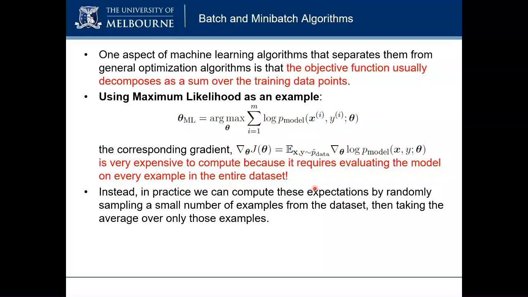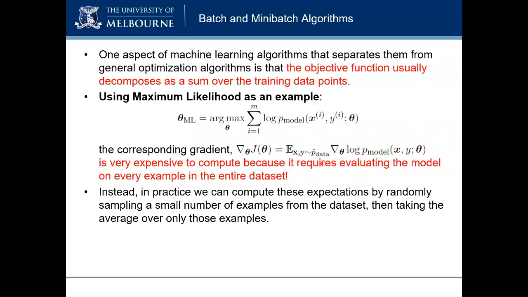And when you do the iteration over theta, theta t plus 1 equals theta t plus alpha times the gradient, you need to do this gradient estimation many, many times because this function depends on the data points, but also on theta itself. So you need to do this again.